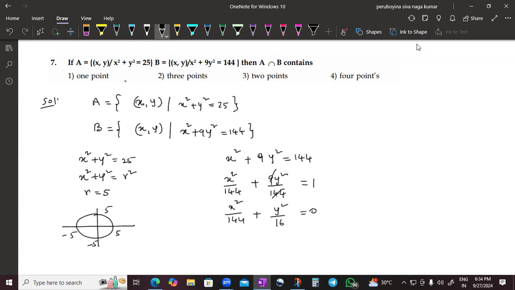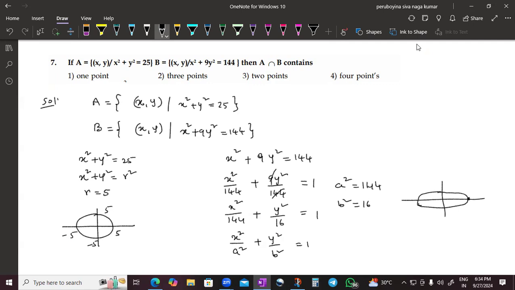You can see this is an ellipse equation, because between x square and y square we have a plus sign. Sorry, I said 0, it is wrong, it is 1. Comparing with x square by a square plus y square by b square equal to 1, you get a square is equal to 144 and b square is equal to 16.